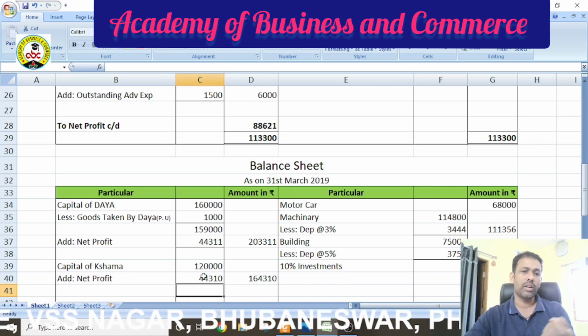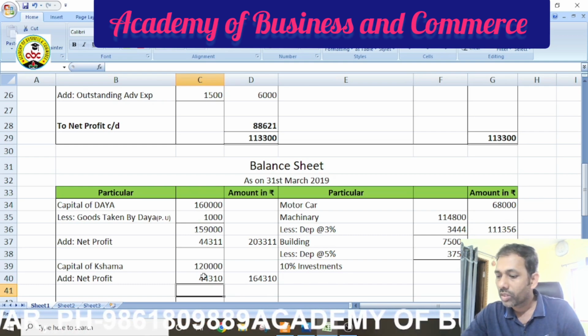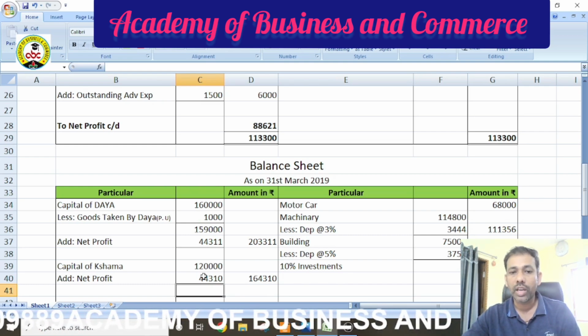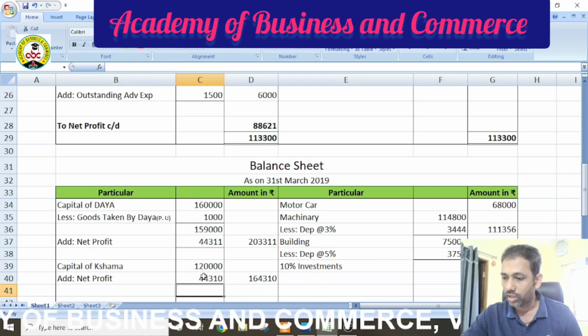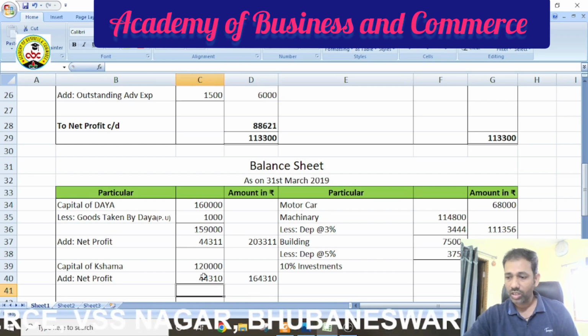One decimal point is there, so we have adjusted this as a rounded-up figure, and the total capital of Daya is 2,03,311 and 1,64,310 is Tasma's capital.